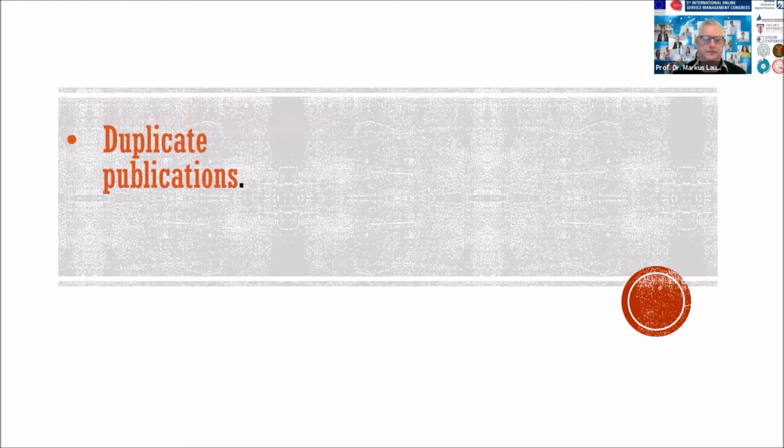Duplicate publications. If I see that X published a paper and I want to replicate the idea with a different sample, it could be publishable in low-ranked journals, but not in impact factor journals, specifically if it is discussed by the reviewers. So it's not replication.